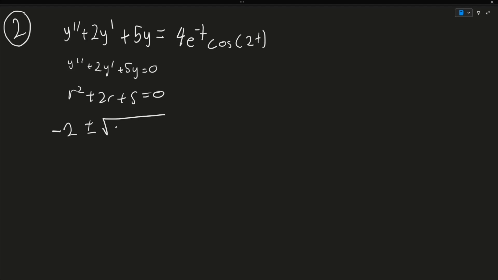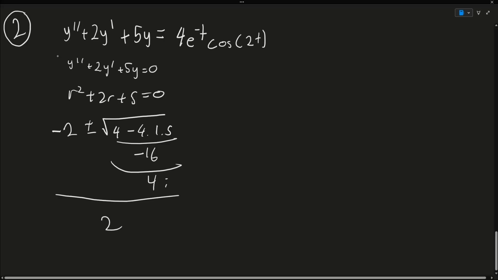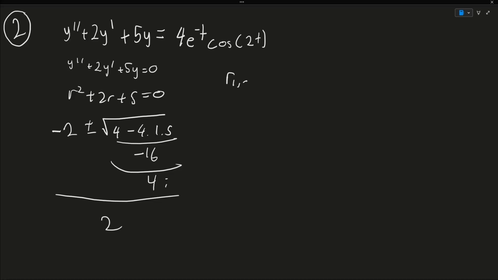So b squared is 4 minus 4 times 1 times 5, which is going to be negative 16 here. So we're going to have 4i, okay? And divided by 2, because our a is going to be 2. So r1, r2 is, simplifying this, negative 1 plus or minus 2i is going to be your roots.